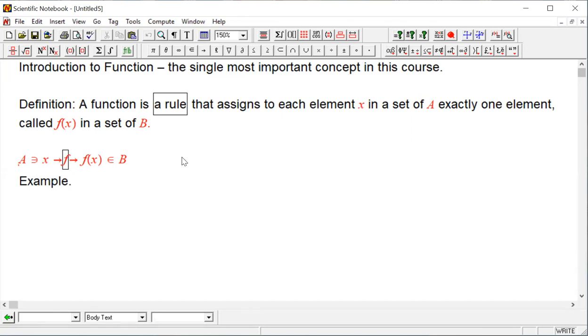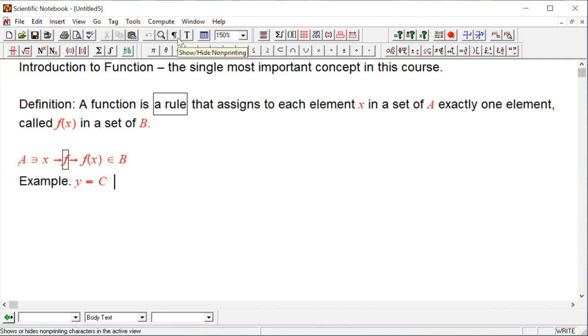We have probably seen a constant function, for example, and typically we use the notation y equals c. What does that mean? c is a constant, meaning it can be any real number.